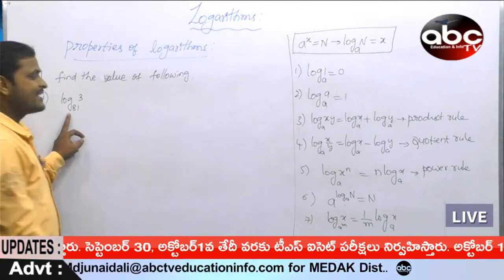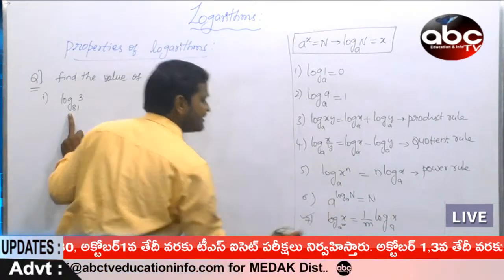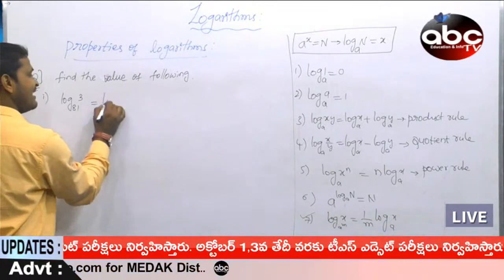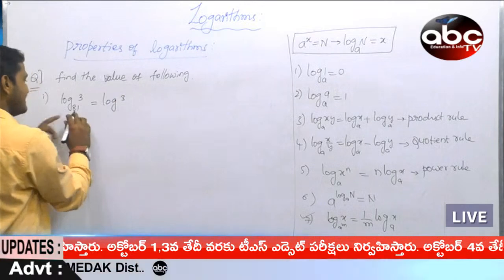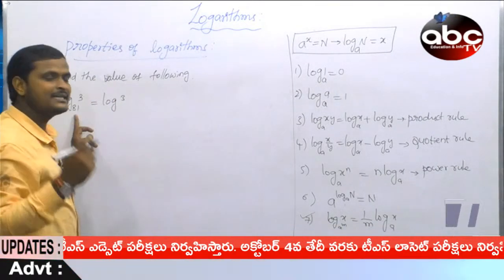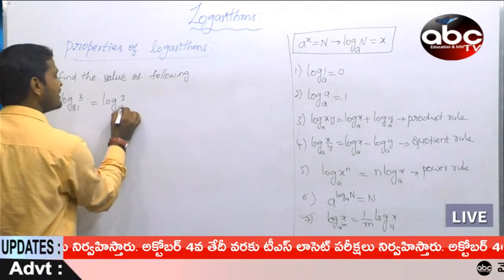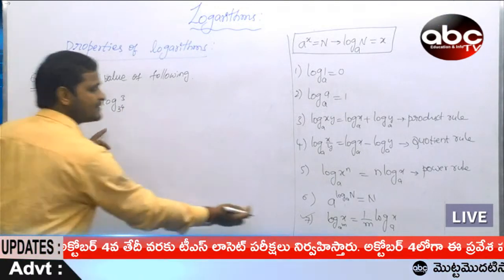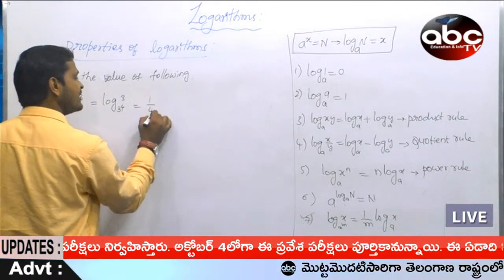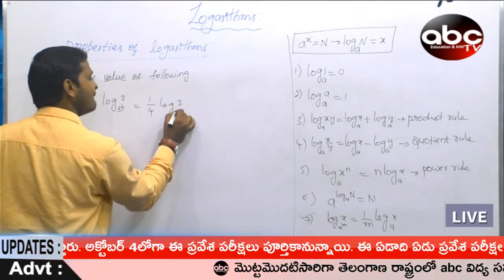Observe here, which rule do we use? Which property? Seventh one. You can write log 3, then you can write 81 in terms of power of 3, that is 3 power 4. Then observe this property, you can write 1 by 4 into log 3 base 3.